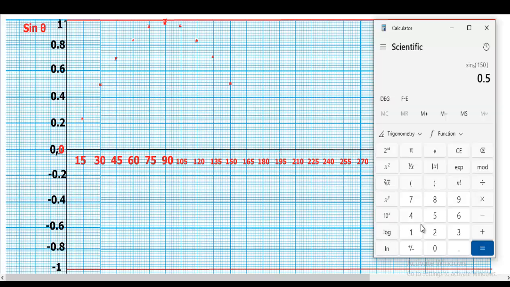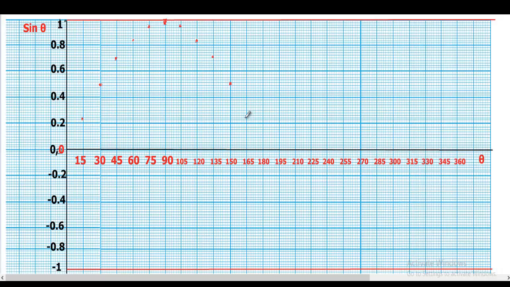Sine 165 would be 0.25 approximately here.